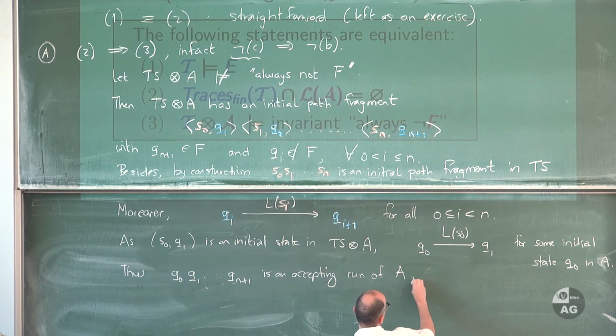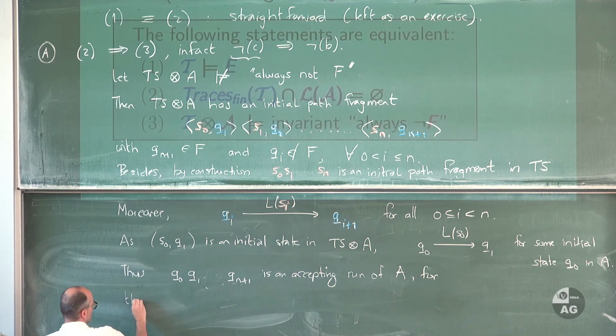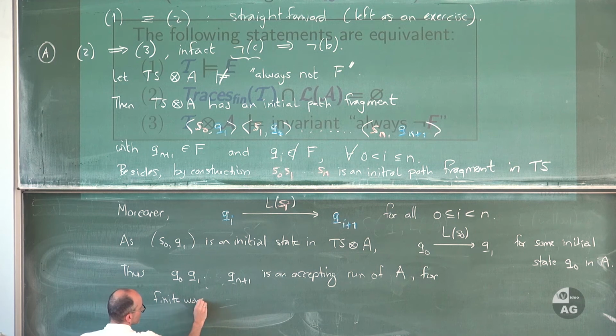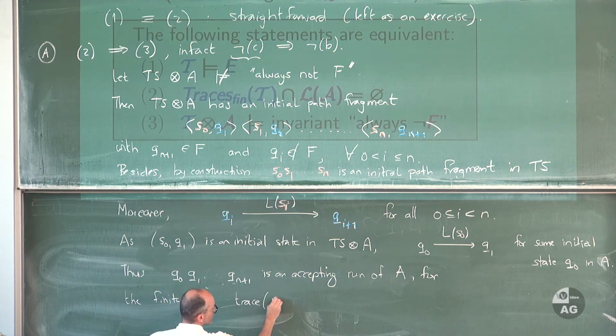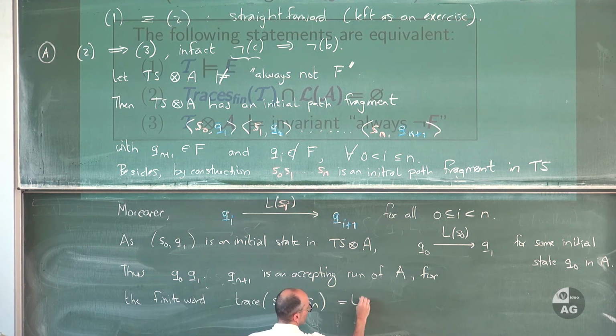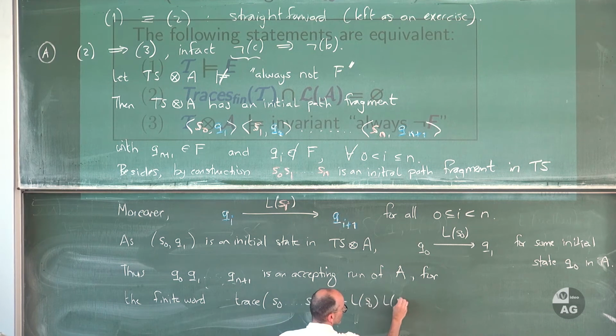For what? For the finite word trace S0 Sn. What is this? This is exactly L of S0, L of S1, up to L of Sn.